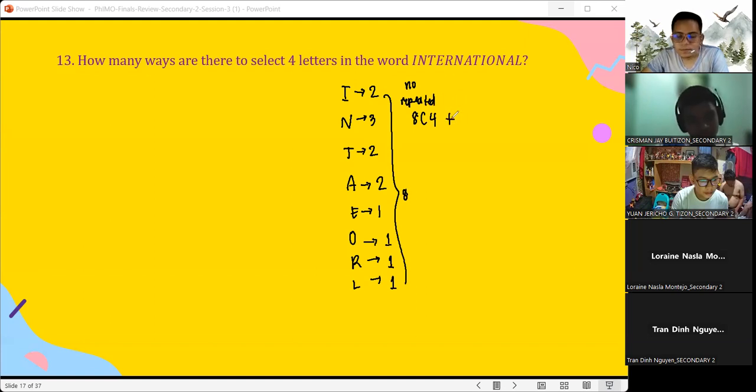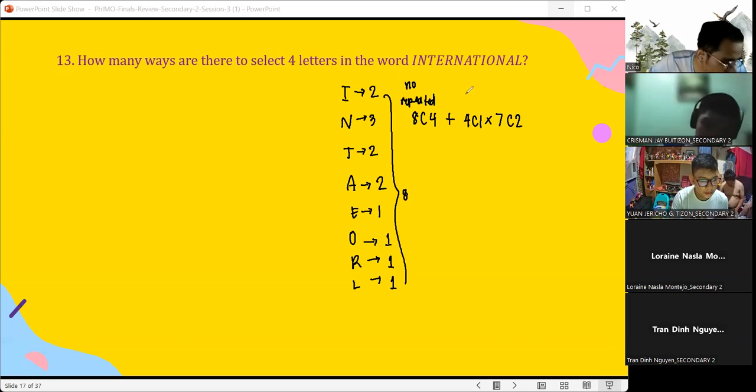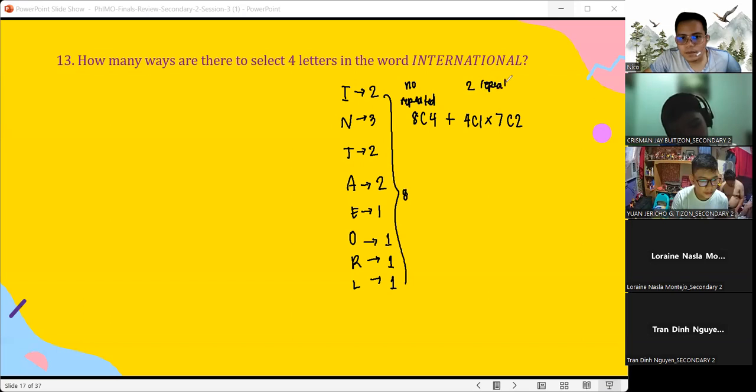And then in here, out of four, you choose one, and you only have to choose seven na lang. 7C2. So this one has what? Two repeated, right? You have two repeated.